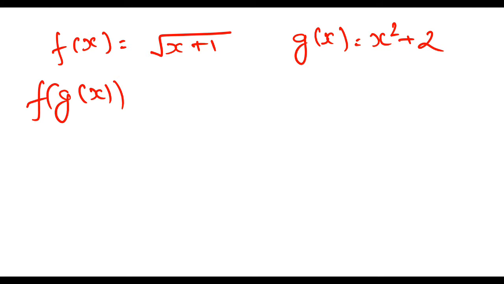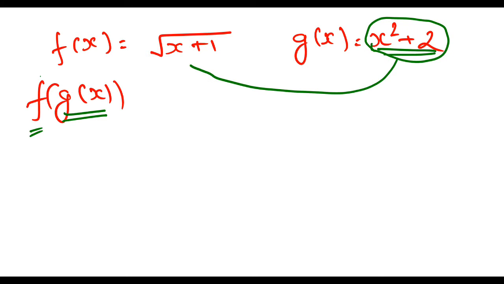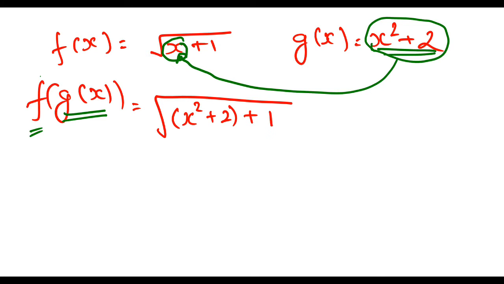A function inside a function, which means I'm inputting g of x into f. g of x is x square plus 2, so this x square plus 2 as a whole should be put in the place of x. This becomes square root of x square plus 2, and f of x means you add 1 to whatever x is. So the final answer for f of g of x would be square root of x square plus 3.